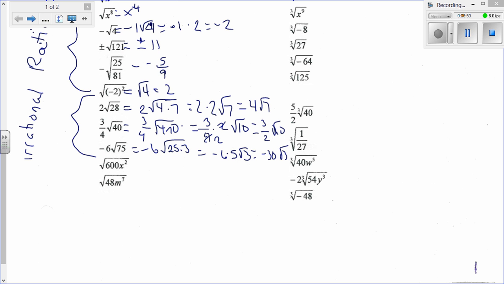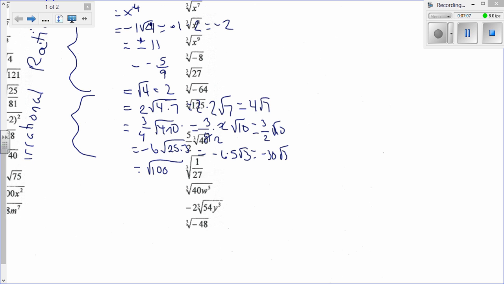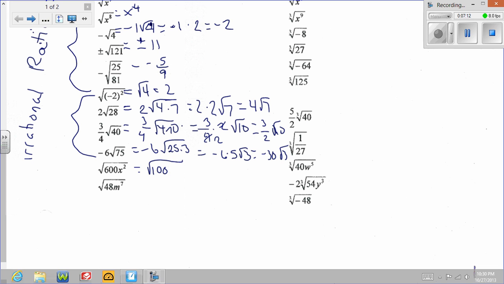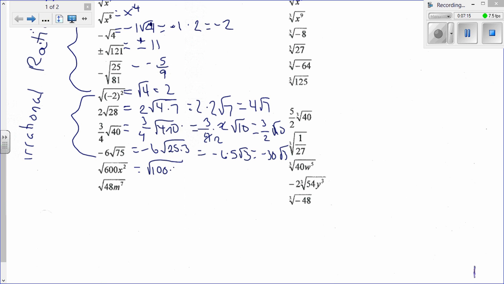When we have variables in there, we don't call it rational or irrational. So if I need to simplify the square root of 600x squared, I'm going to break down 600 to 100 times 6, and x squared is a perfect square, so we just leave it.